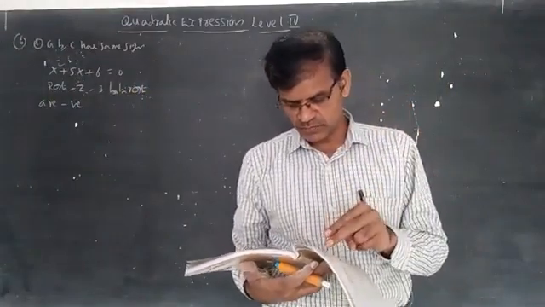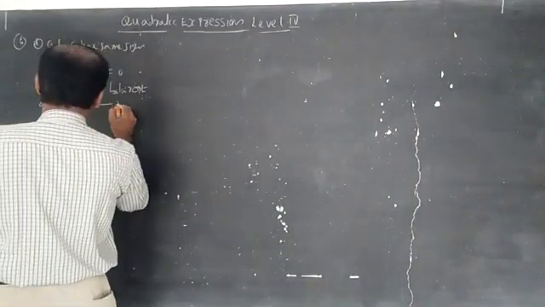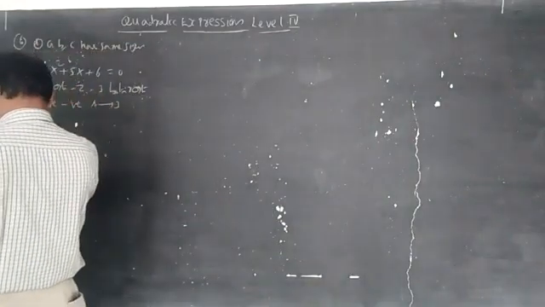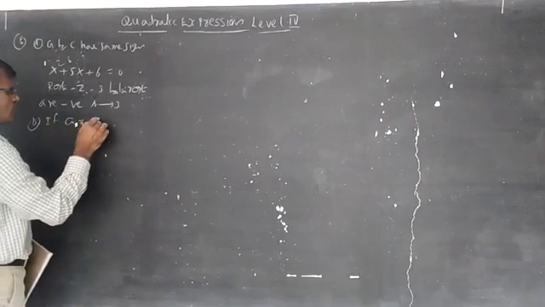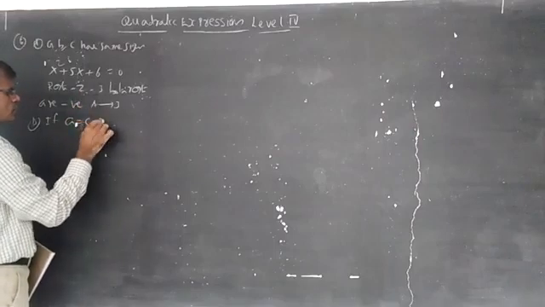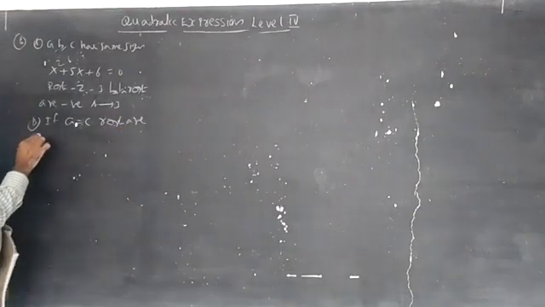For a, it is 3, two options are there. For b, if a is equal to c, then roots are reciprocal to each other. These are in the synopsis.